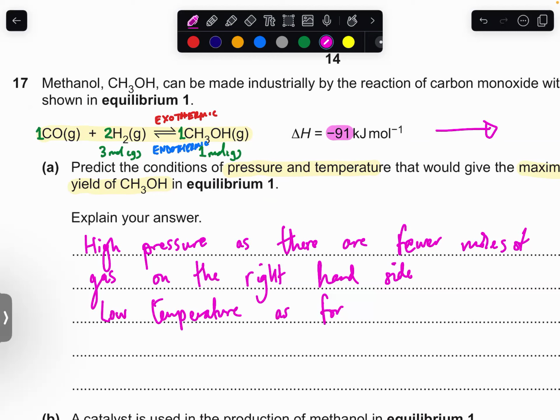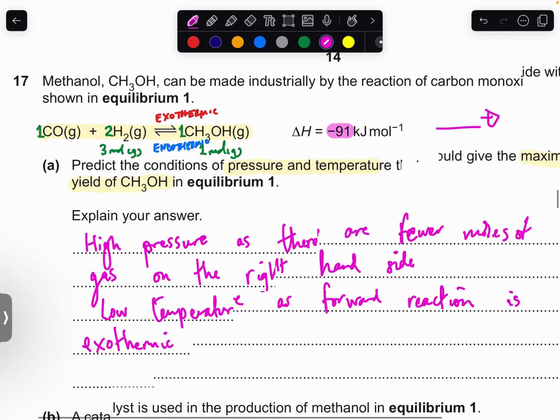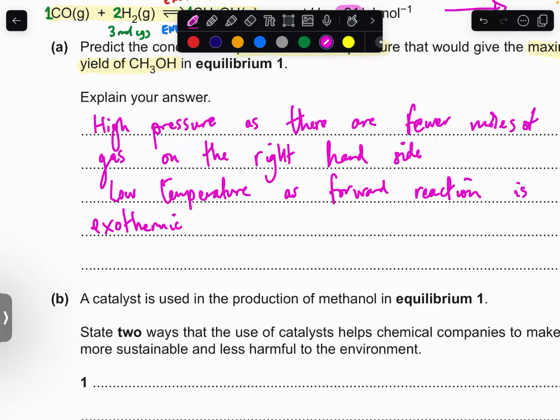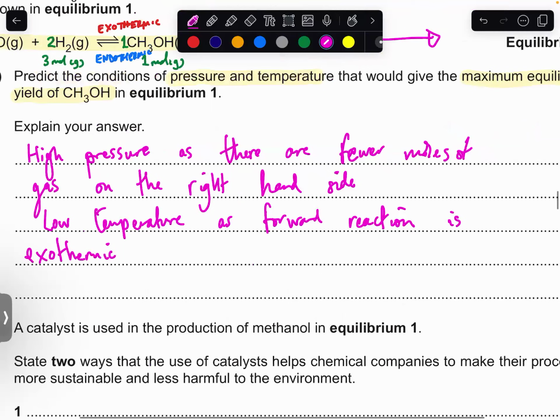So low temperature, as the forward reaction is exothermic. That's it, covers all the points there.